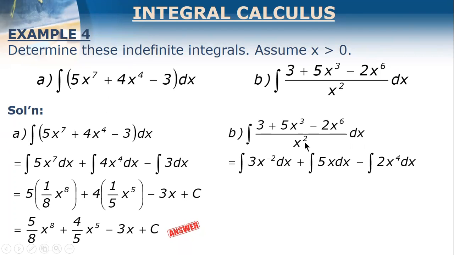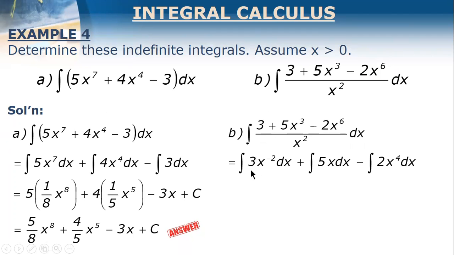Okay, such as this: 3 over x squared, or simply 3 times x raised to negative 2, and then 5 times x, minus 2 times x raised to 4.